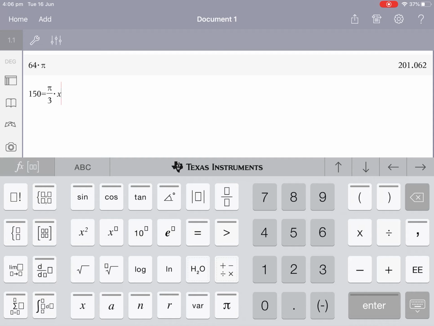Now we can use x again if we want. It's just easier on the calculator to use x, times bracket 64 minus x squared, close the bracket. So that's my expression. Now if I just hit enter on that, I just get that.